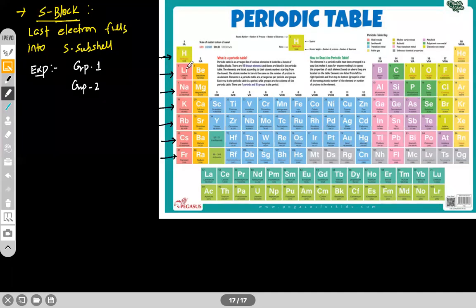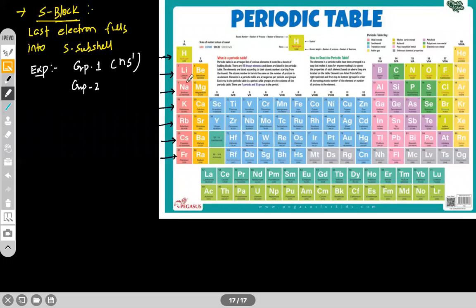Group 1 is this. The outermost electronic configuration of group 1 is ns1, where n is the period. For hydrogen it is 1s1. Lithium is in the second period, so it is 2s1. Sodium is third period, so 3s1. Then 4s1, 5s1, 6s1, 7s1.